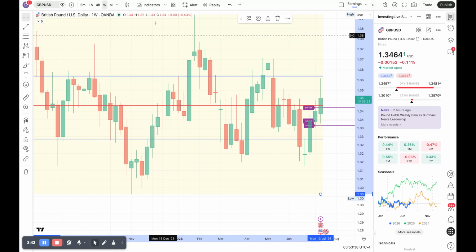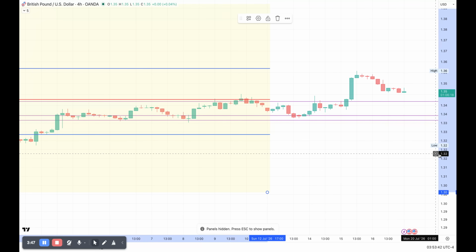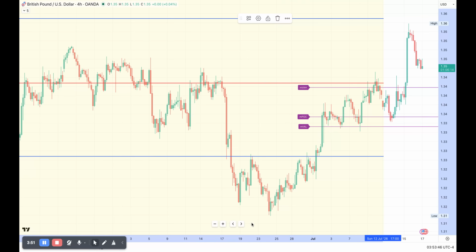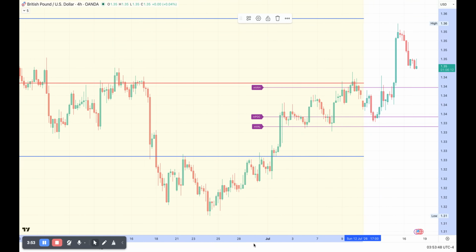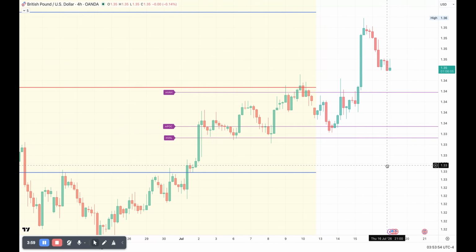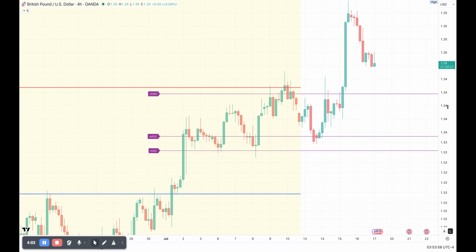And then I also have these levels in purple, where they are the monthly. So looking at the start of the month, July, and looking also at the volume profile. Here it's displayed a bit differently, but same concept.